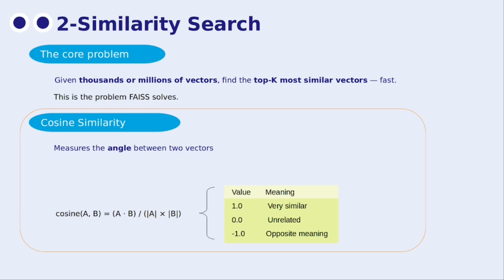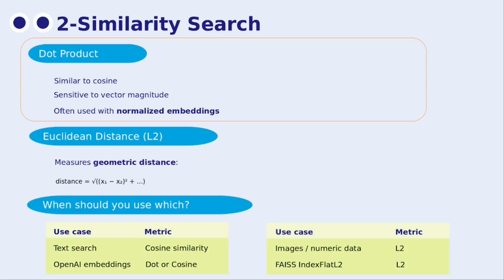Cosine similarity. Cosine similarity measures the angle between two vectors. It does not care about length. It only cares about direction. This is the most common metric for text embeddings. Why? Because meaning is about direction, not size. Dot product is similar to cosine, but it is sensitive to vector length.